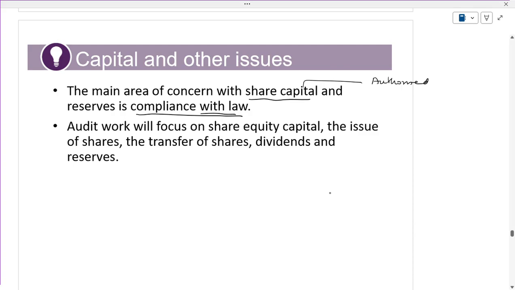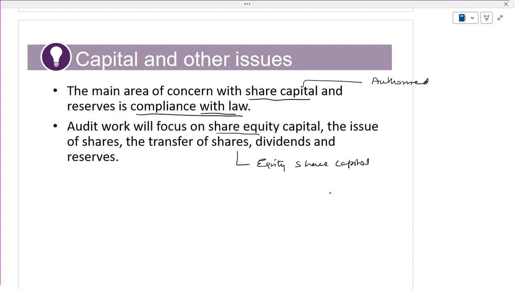of law. Audit work will focus on share equity capital, the issues of shares, the transfers of shares, dividends and reserves. We will work with respect to equity, share capital and related issues. How many shares have been issued, how many have been subscribed, how many have been paid up. We will take all the classifications.